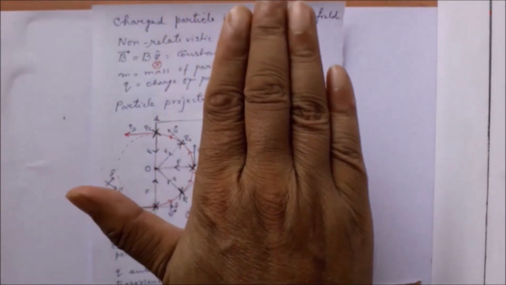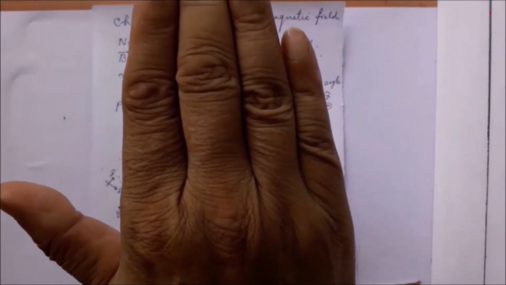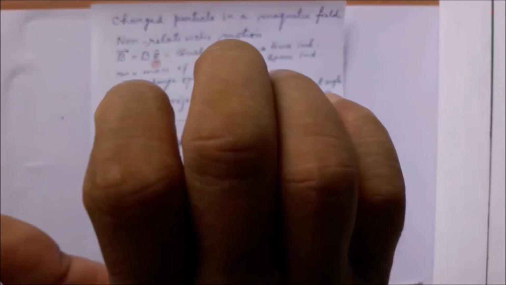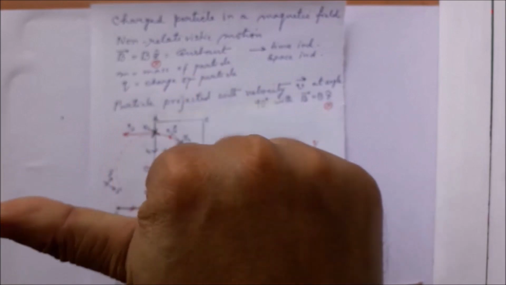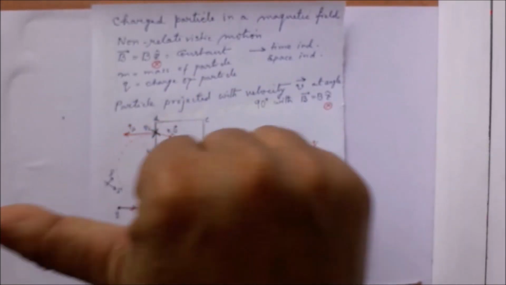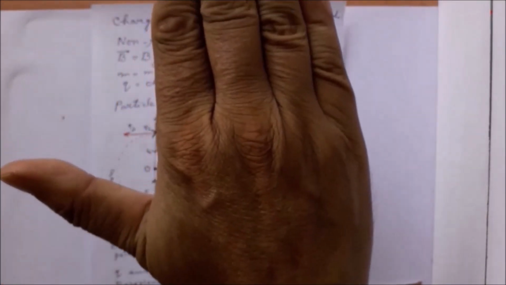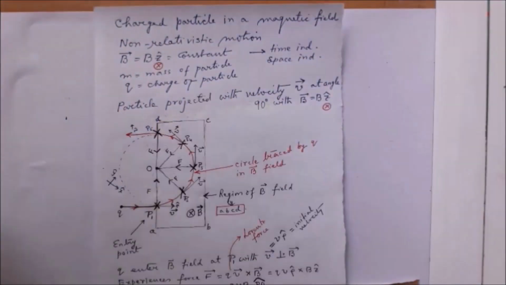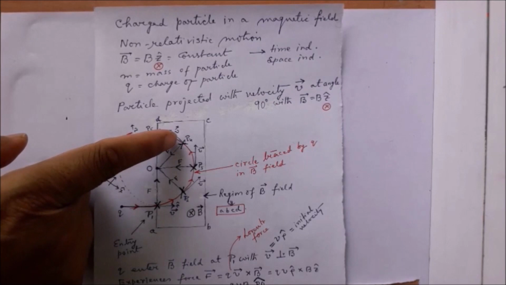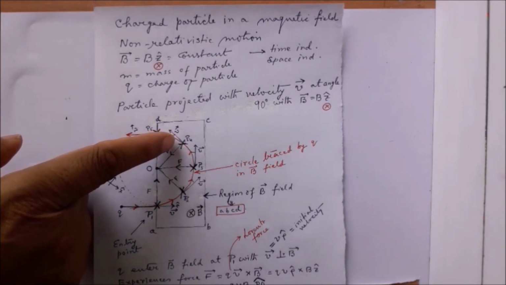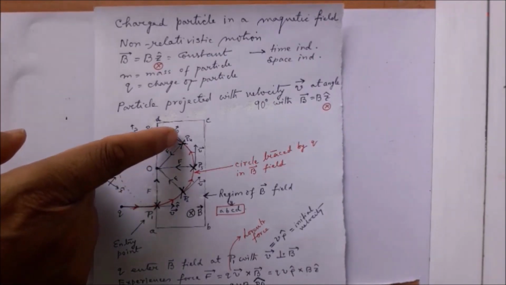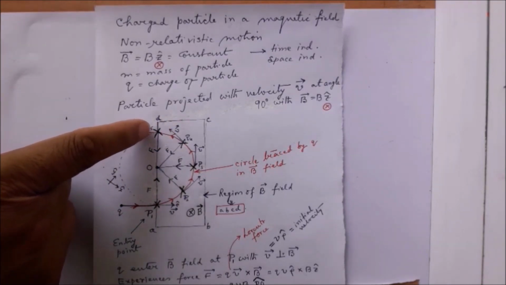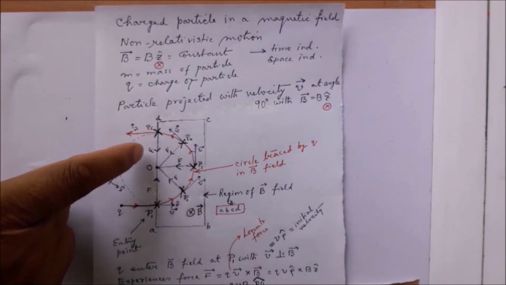And suppose it comes to P3, and what happens here is that it tries to move off the tangent. So a Lorentz force acts on it, which is along P3O. And therefore it cannot go straight, but it bends again, bends further, and comes to P4. The same thing happens at P4 again, and therefore the particle is attracted by a force along P4O, and similarly at P5, where it experiences a force along P5O.